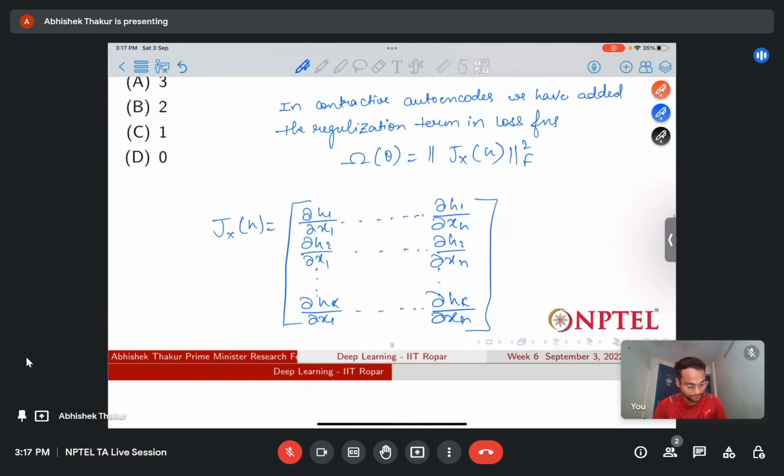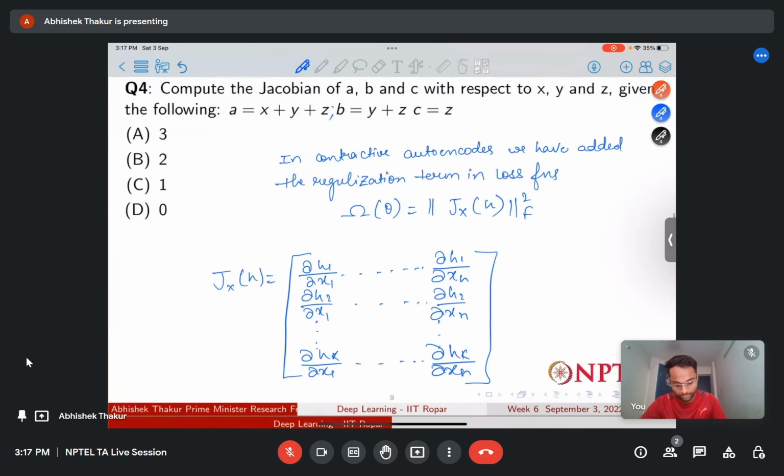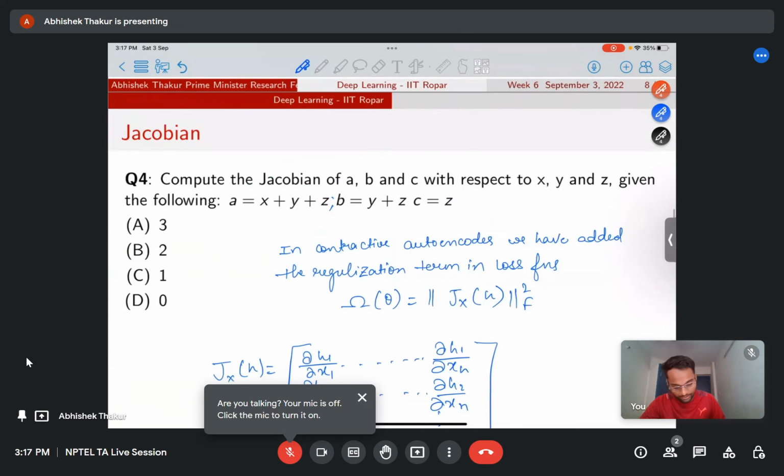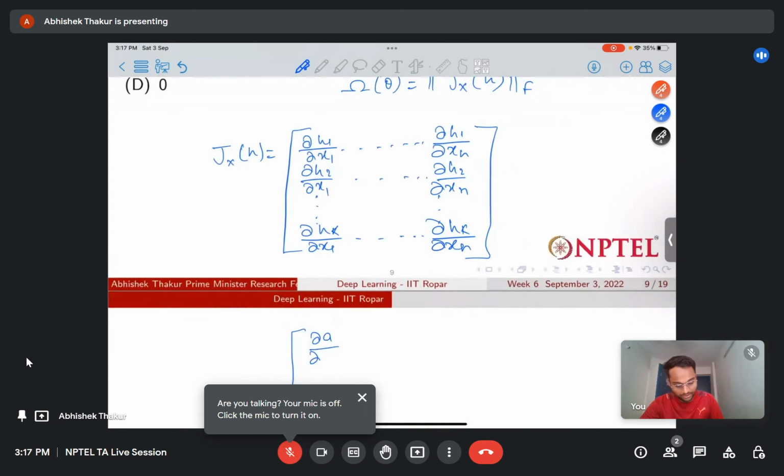So here you can see, in this we will find del A by... ABC are the three vectors.